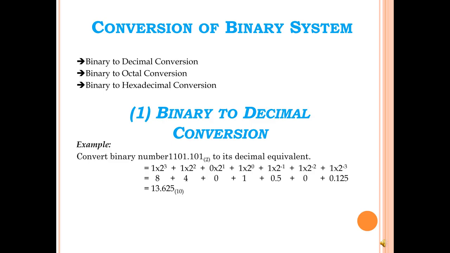Now, this series gets calculated as 8 plus 4 plus 0 plus 1 plus 0.5 plus 0 plus 0.125. And the final result comes as 13.625 base 10.